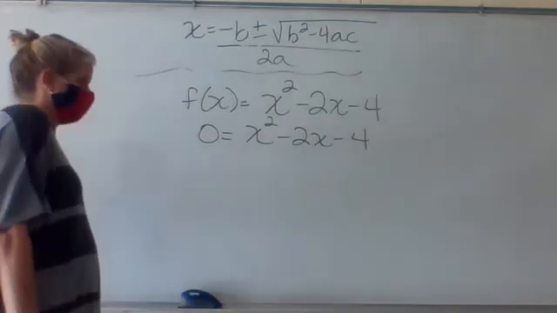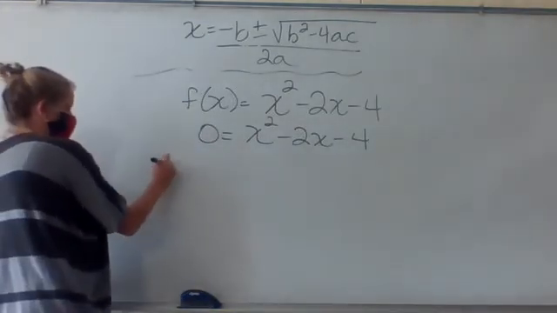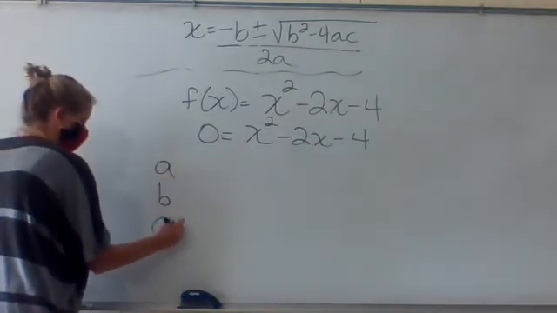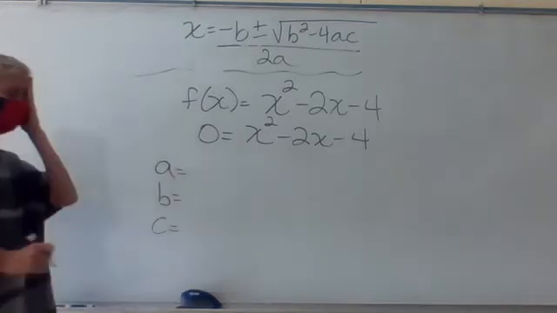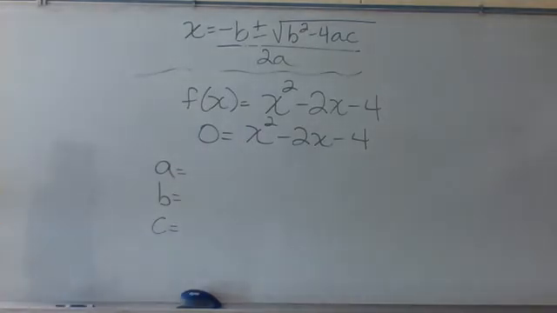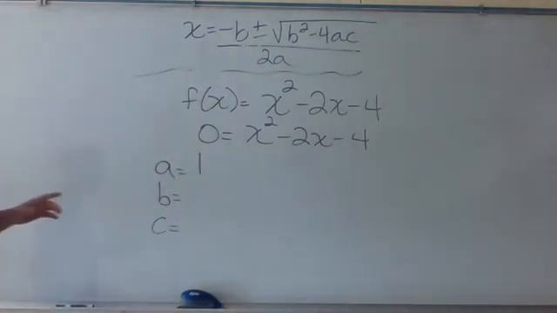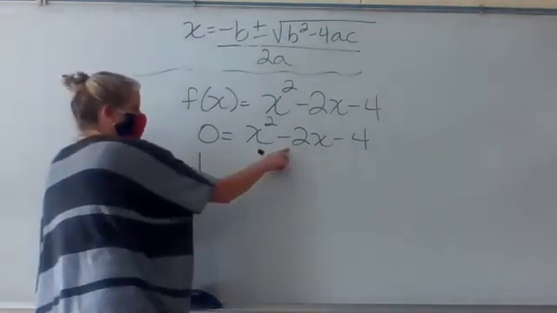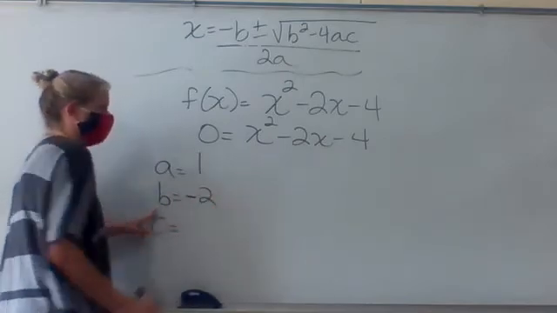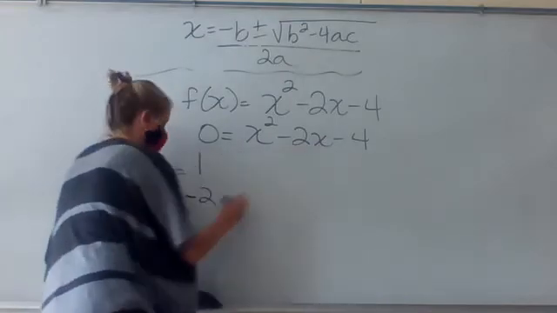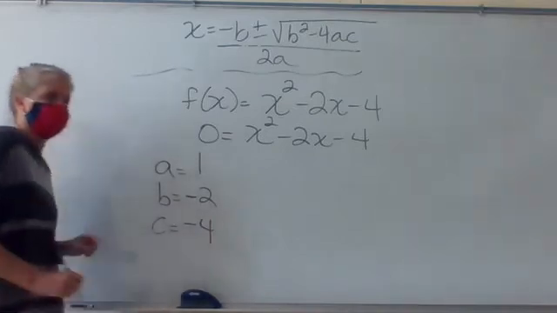So it doesn't factor, so let's go ahead and pick our A, B, and C. A is in front of x squared, which will just be a 1. B is in front of x, which is negative 2. And C is your constant, which is negative 4.